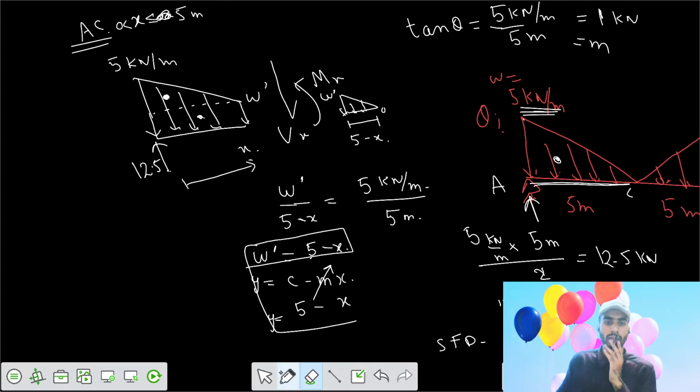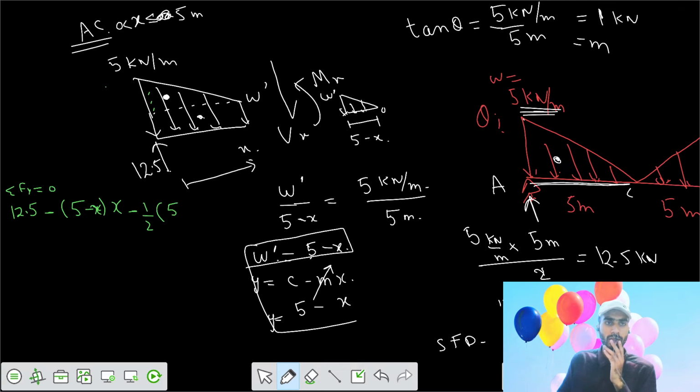Let's write the shear force equation. Summation Fy equals 0: 12.5 upwards, and your UDL of W dash, your W dash is 5 minus x, for a distance of x, and your uniformly varying load triangle, minus 1 by 2 into x.